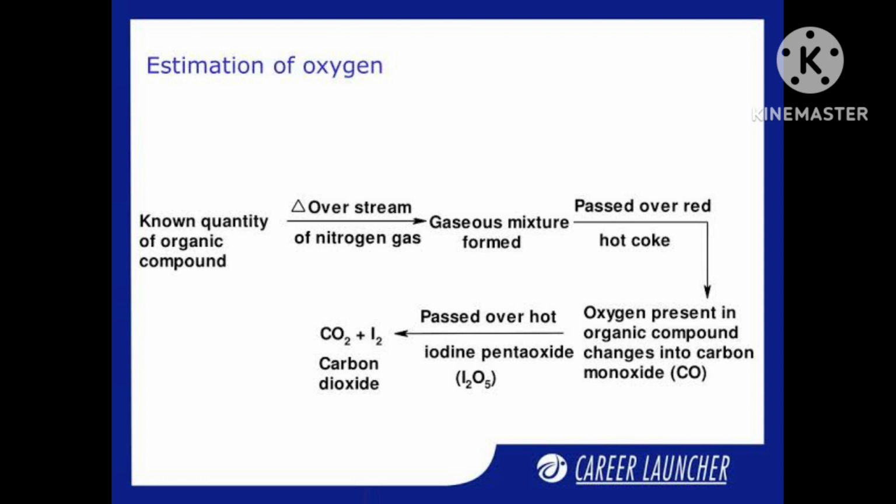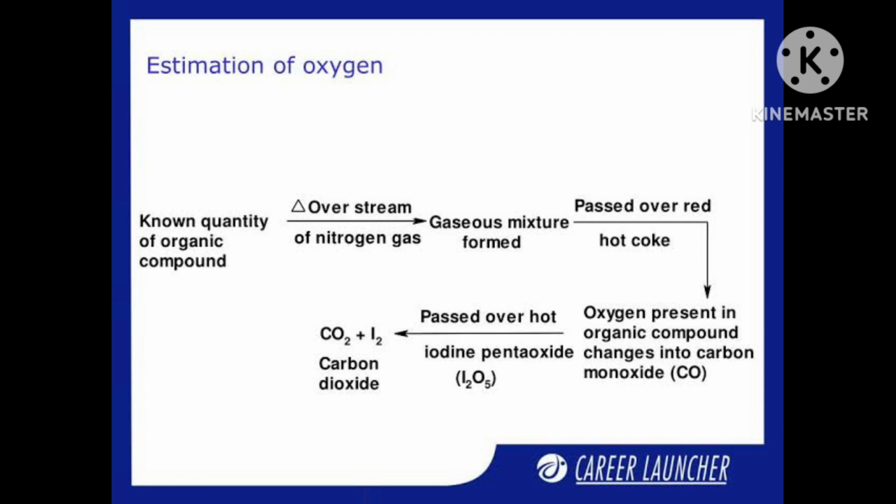Suppose you are knowing the percentages of the other elements, oxygen you are not knowing: carbon you are knowing, hydrogen you are knowing, nitrogen you are knowing, phosphorus you are knowing, sulfur you are knowing. Correct? Then only oxygen you are not knowing. If the total is given as 100%, you add all the given percentages and deduct the sum from 100.